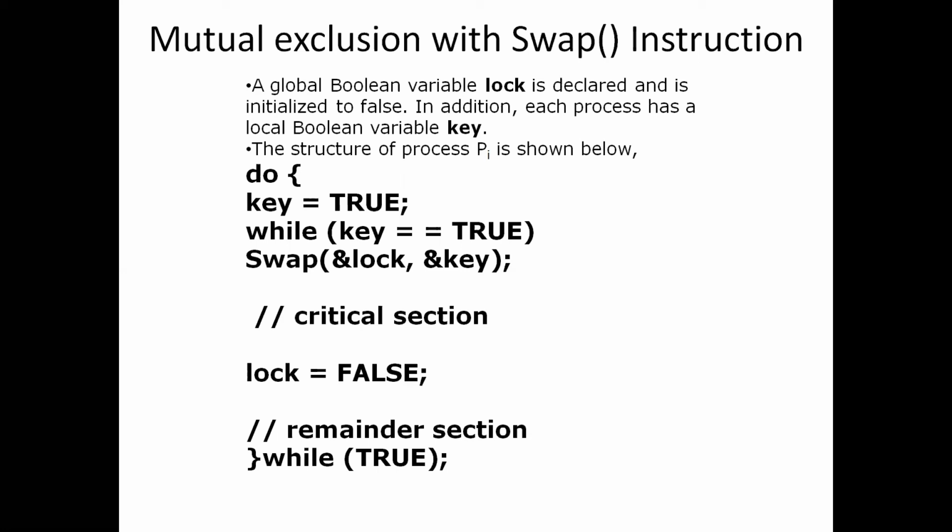The same process should not keep on waiting for the critical section while another keeps getting allocated. This algorithm will not satisfy bounded waiting and progress properties, but the swap instruction as well as the test and set instructions will satisfy the mutual exclusion requirement.